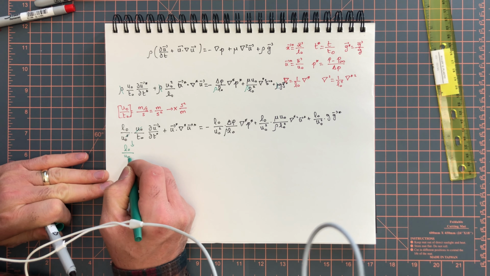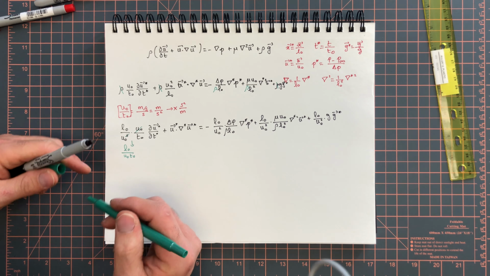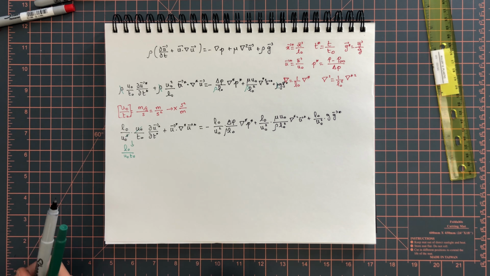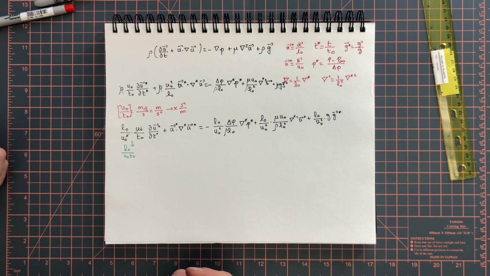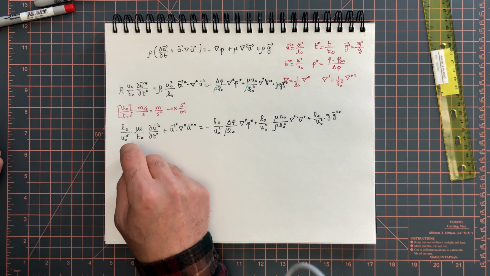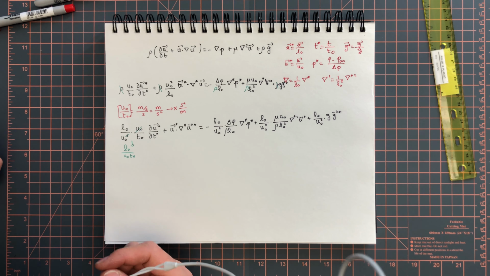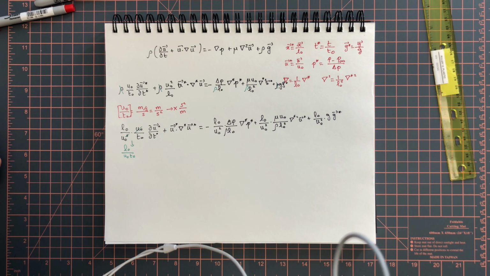over U0 T0. Now, this is actually a dimensionless quantity, and that quantity is known as the Strouhal number. If you think of 1 over T0, that's a frequency, right?